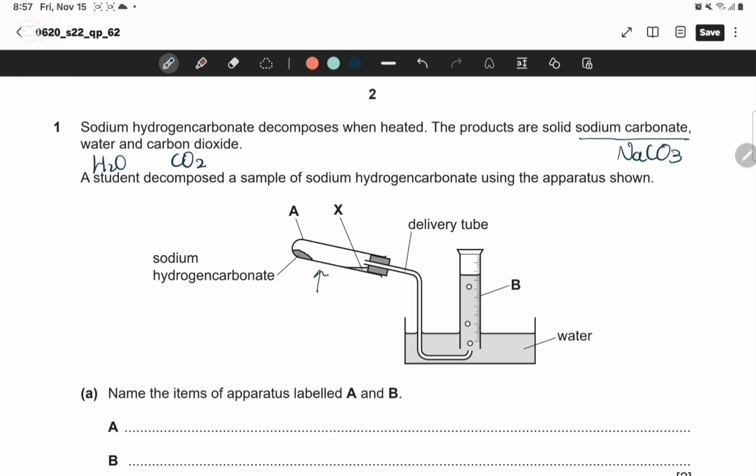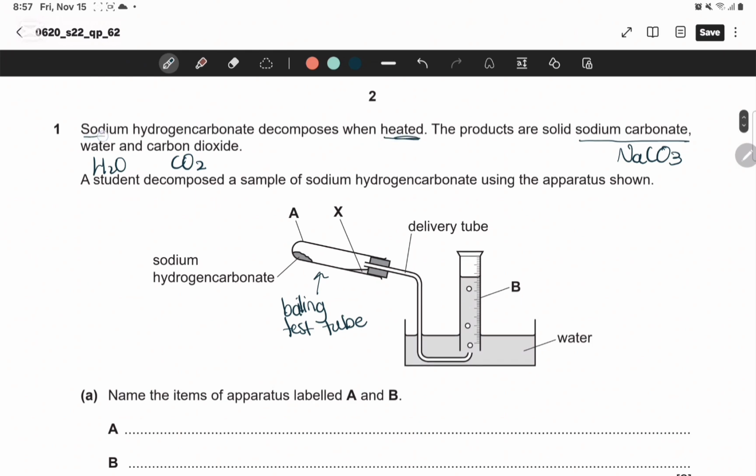A is either, again, a boiling tube or a test tube. And since they're heating the sodium hydrogen carbonate, it's a boiling tube. And B is a measuring cylinder.